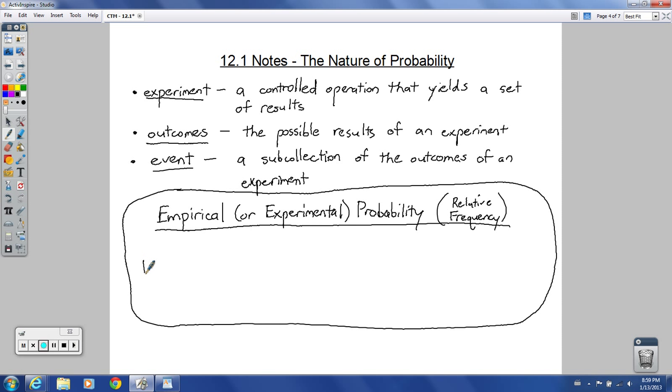And so P of E just stands for the probability of a certain event occurring.